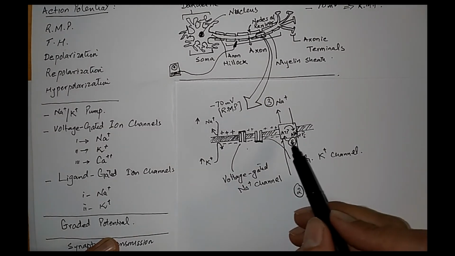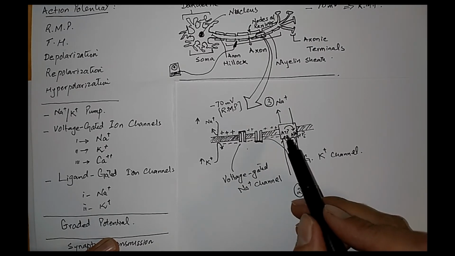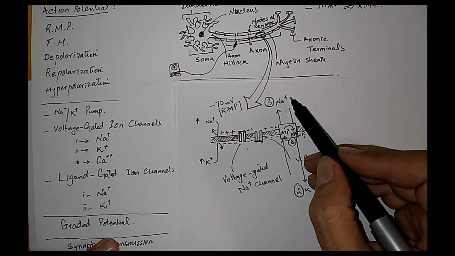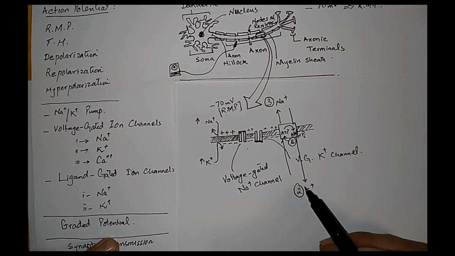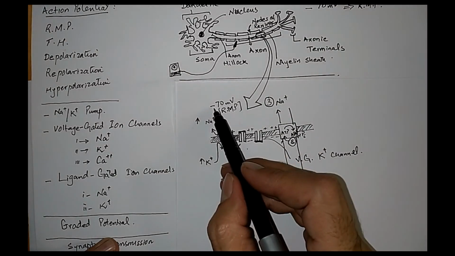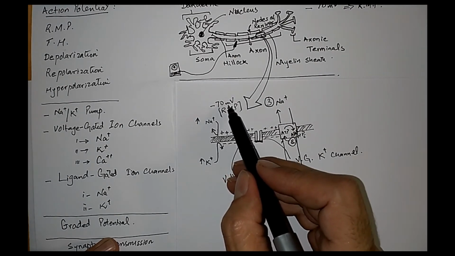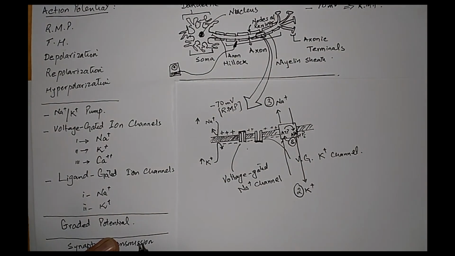And this is a continuous process, and this way it maintains a difference between the concentration of the positive ions outside and inside of the cell, and that gradient always keeps the resting membrane potential at minus 70 millivolts.